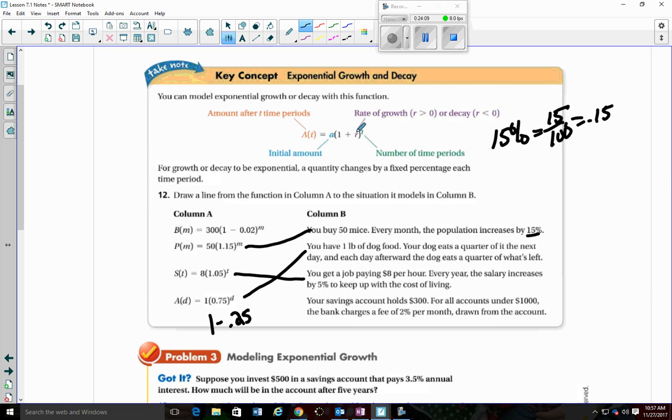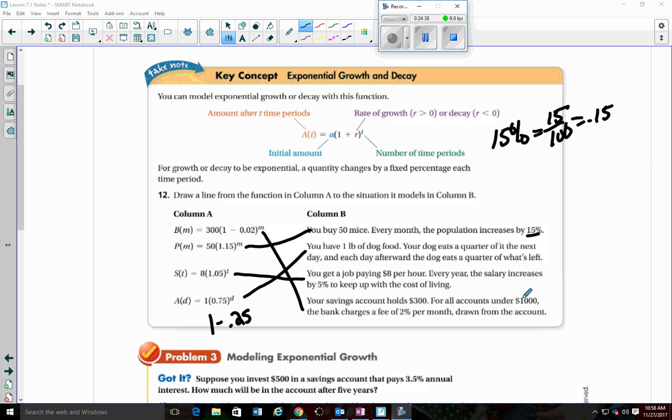Another one, savings accounts. All right, this is true for a lot of companies. So it depends on some savings accounts, depending on the bank, they'll charge you if you don't keep a certain amount in that savings account. So here's a scenario where, if it's under $1,000, they're going to charge you 2% just because you don't keep that certain amount in there.